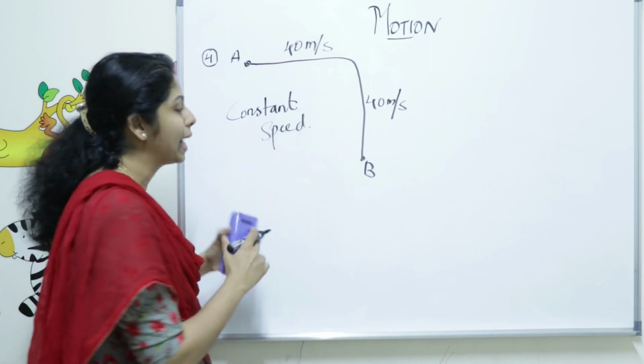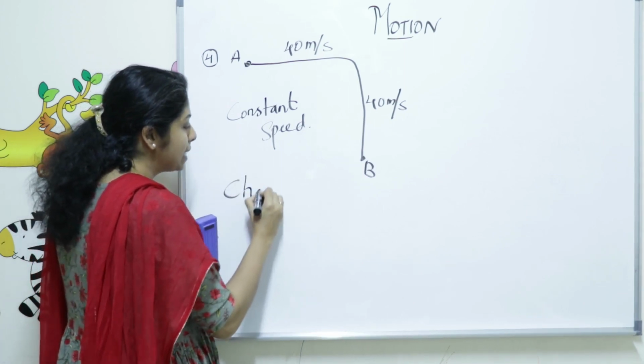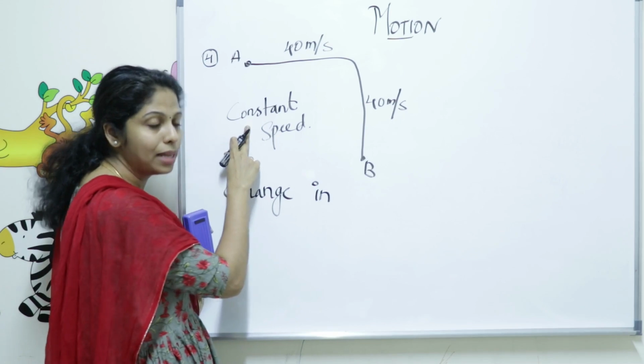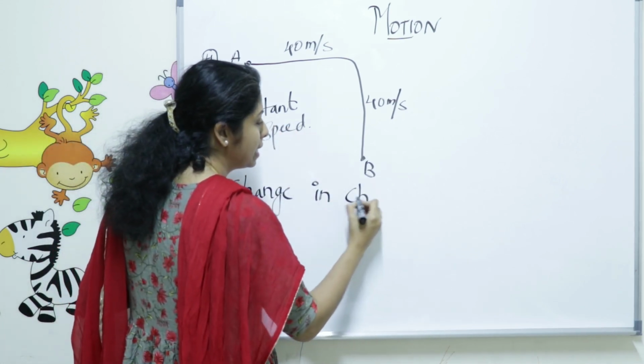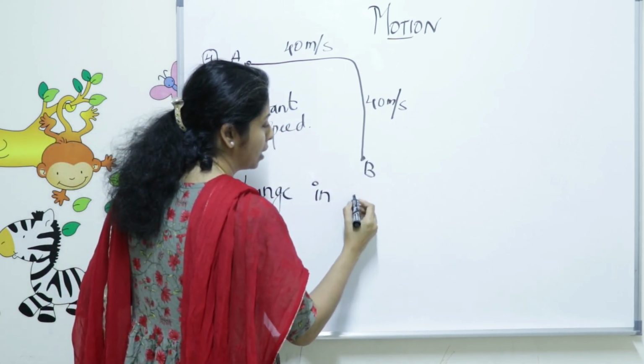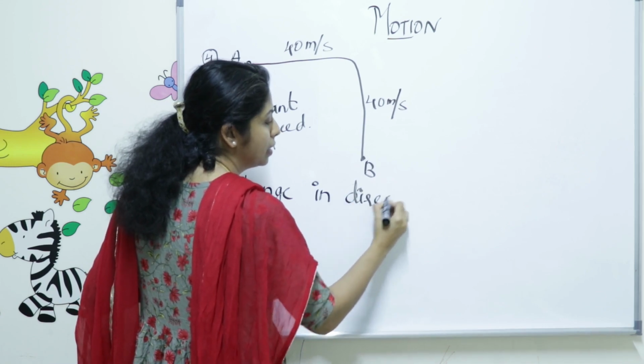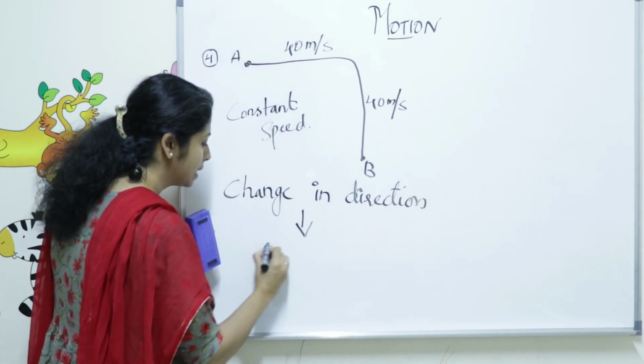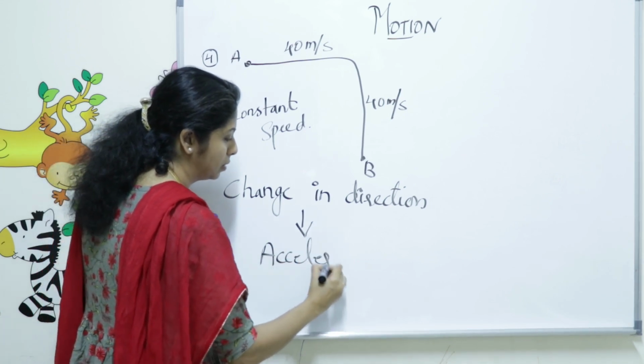So, in this case, there is a change in direction. Even though the speed is constant, there is a change in direction. Since there is a change in direction, there is acceleration.